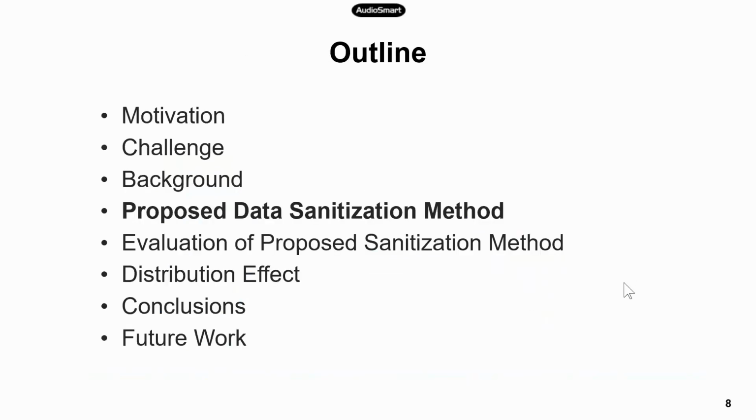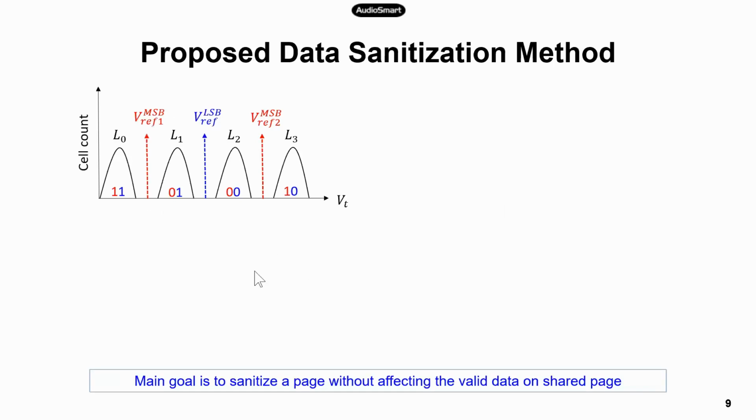Next, I will go over the proposed data sanitization method. The main goal for our data sanitization method is to sanitize a page without affecting the valid data on the share page. Let's say I program random data on both LSB and MSB page.